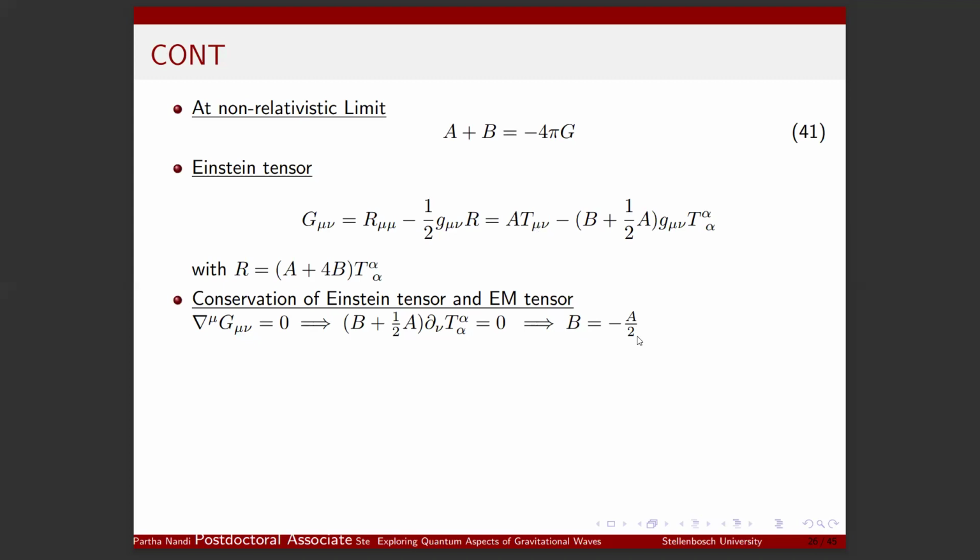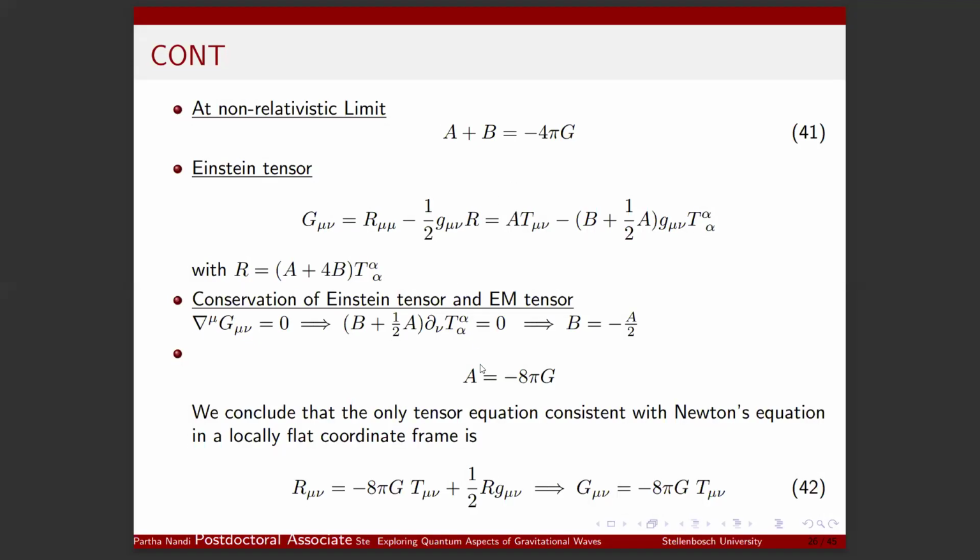So if we substitute this expression of B in the above equation, one can immediately read off that the form of A is fixed by minus 8 pi G. And the moment you fix A as minus 8 pi G, one can immediately compute B.